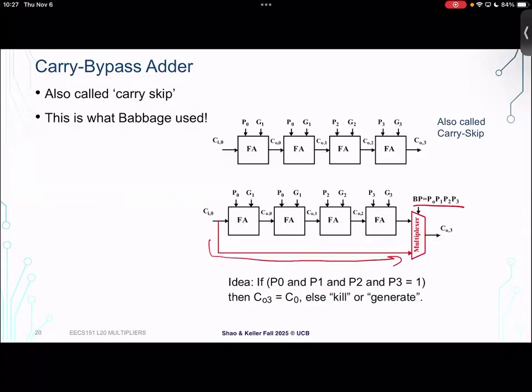Because we know that based on those 4 propagate signals, carry out is going to be equal to carry in if they're all true. If they're not all true, then we need to look inside the full adder cells and figure out, okay, is this a generate situation or is this a kill situation? But again, we can do that off the critical path. And so that's not as big of an impact on delay.